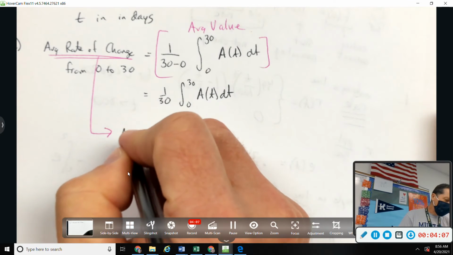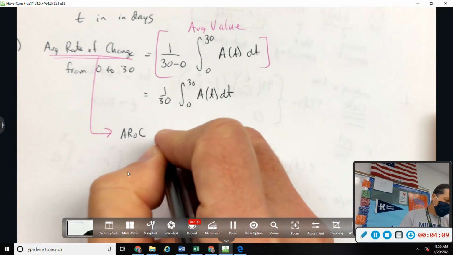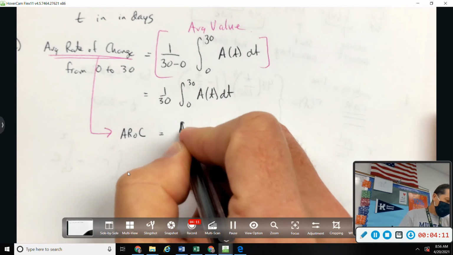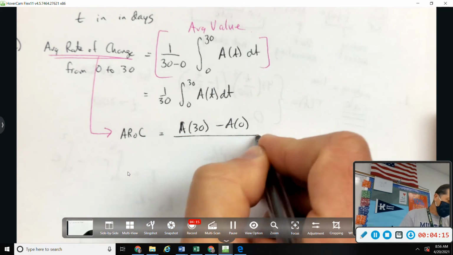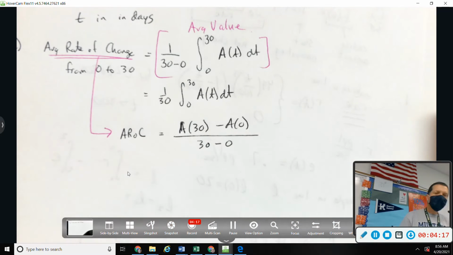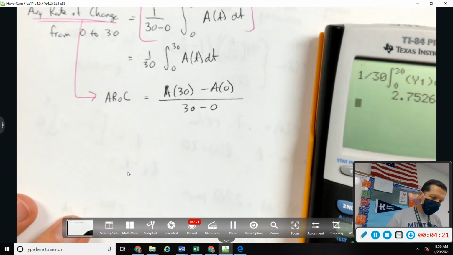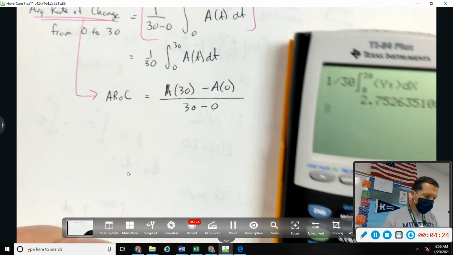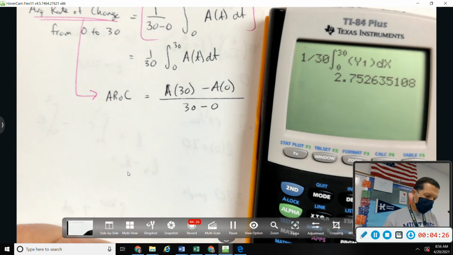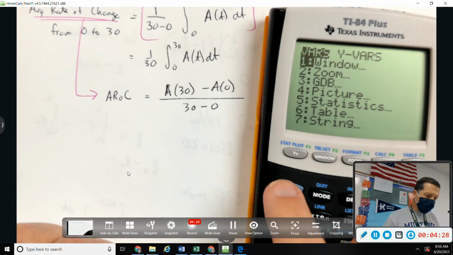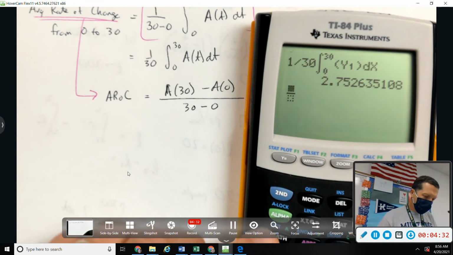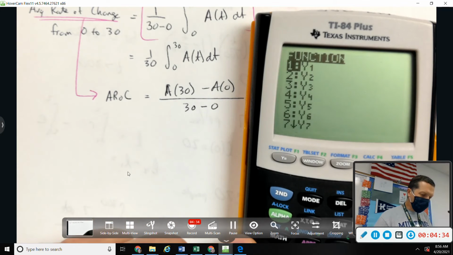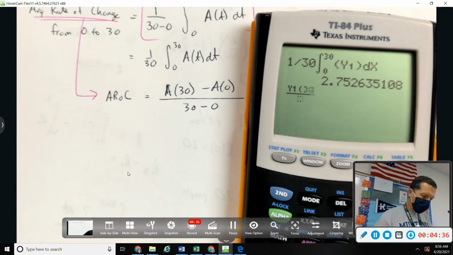That's the good old Algebra 1 slope. So A of 30 minus A of 0 over 30 minus 0. You can still use the y vars thing, and you can use function notation with it as well.